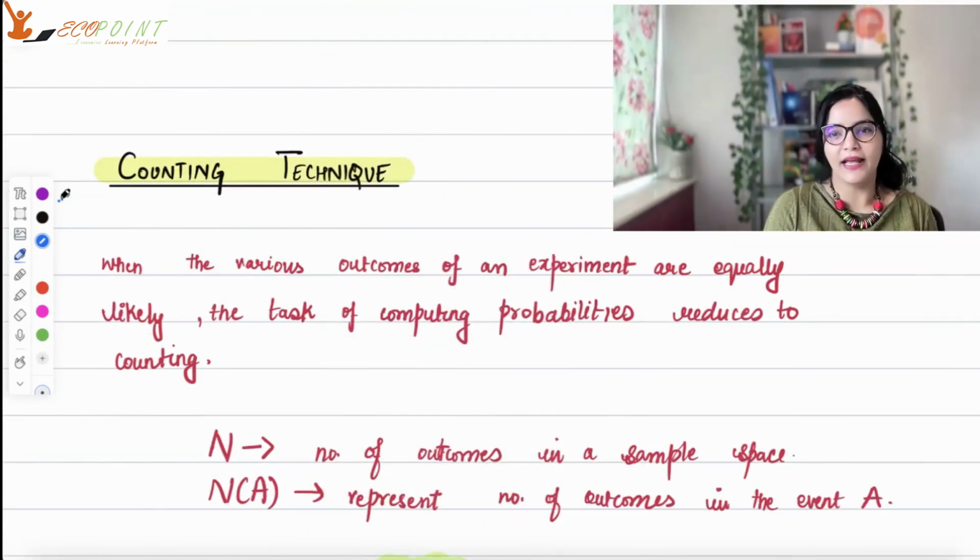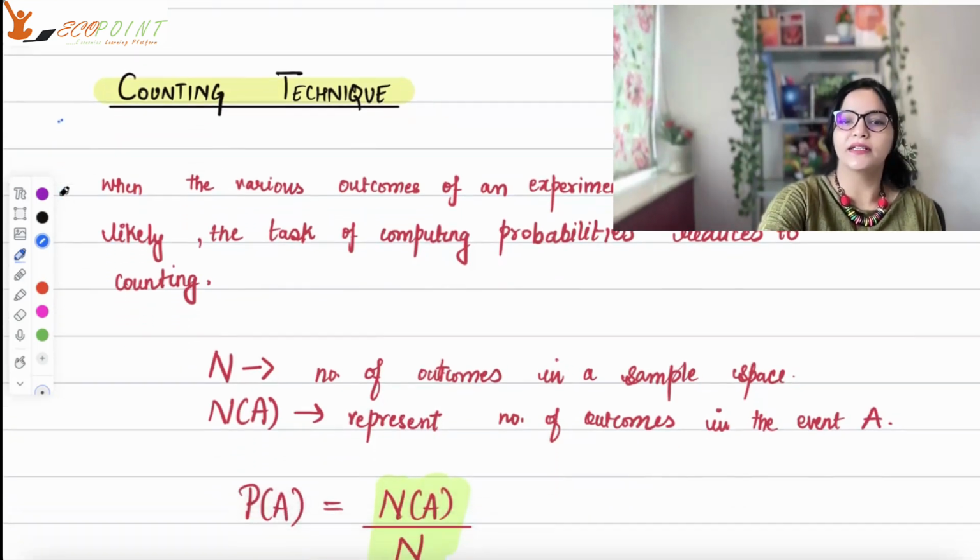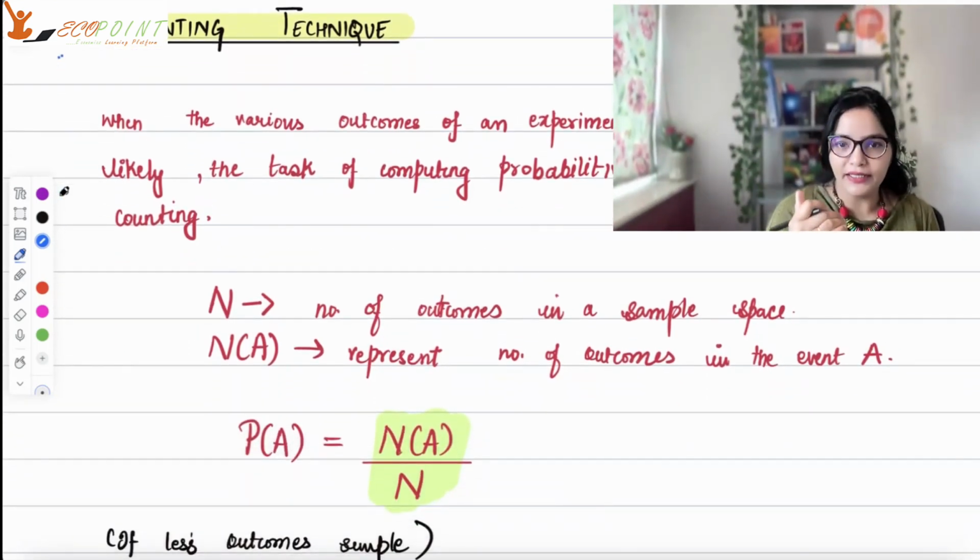So when we started calculating probability, we realized that counting techniques were extremely important when it comes to calculating probability in questions. Therefore, we started working on the counting techniques. As we did in this previous example, we realized that the probability of A is basically the number of outcomes in A upon the total number of outcomes because of the equally likely scenario.